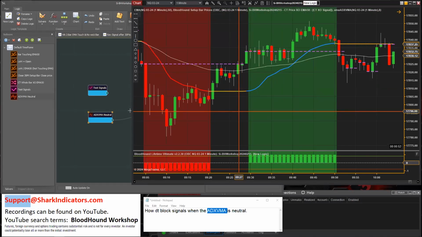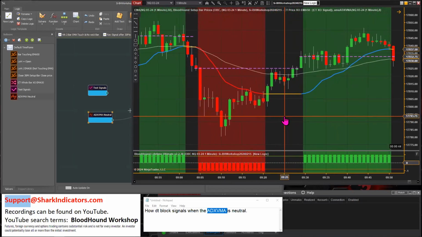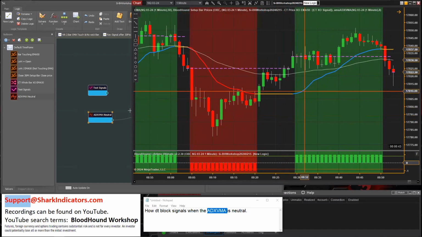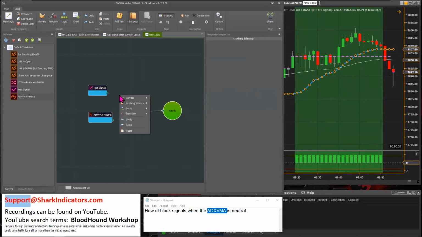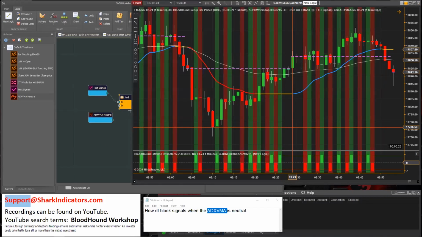So basically, this is probably the standard filtering that you would want for your signals, right? So when the ADXVMA is sloping up, you have a long trade signal filter. So let's connect this together. So we have our signals coming in like so.